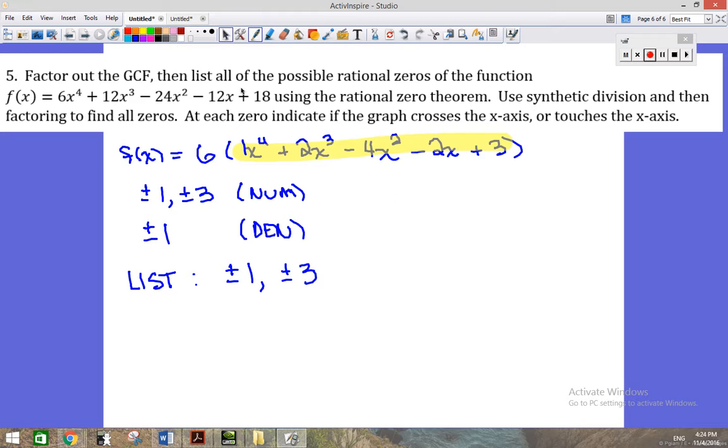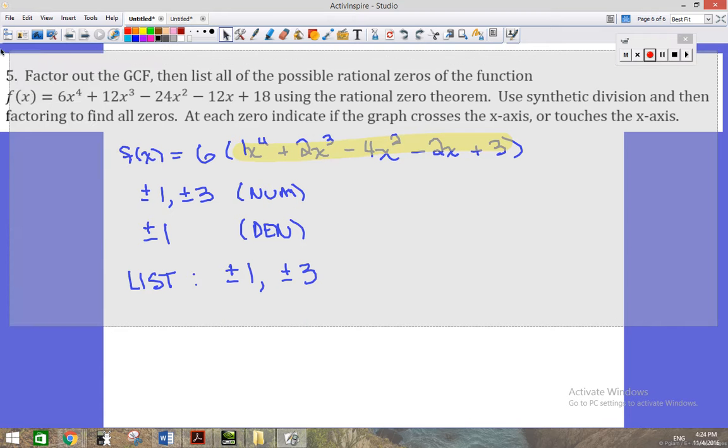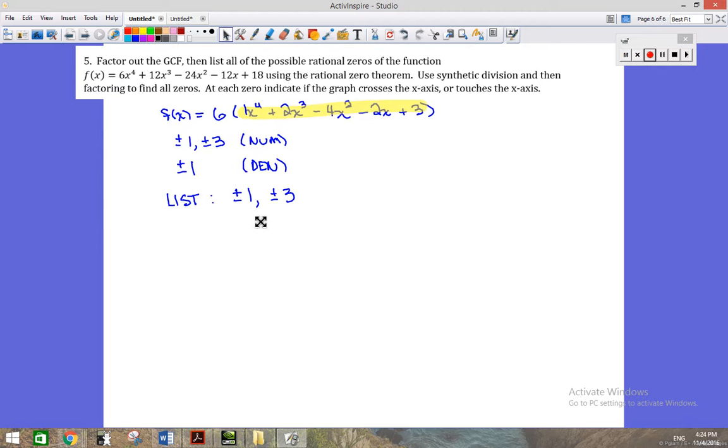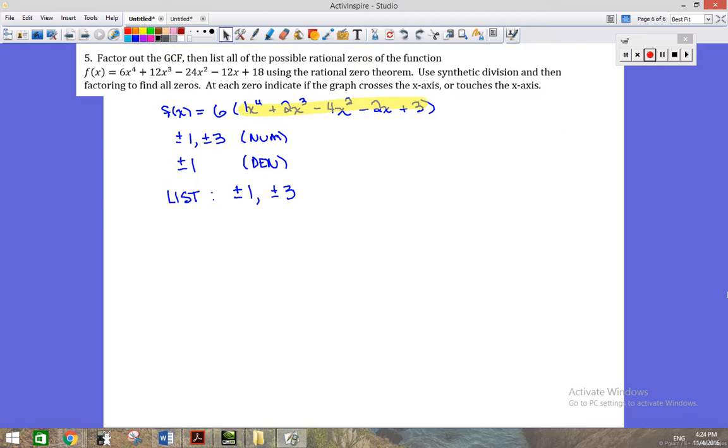Now, I could plug these values into the function and look for an output of 0, but what I'm going to do is use synthetic division to look for a remainder of 0 to see if I can factor this any further. So let's try positive 1. It's in standard form, and in the past, some of these problems had missing terms where I had to put a 0 in there.